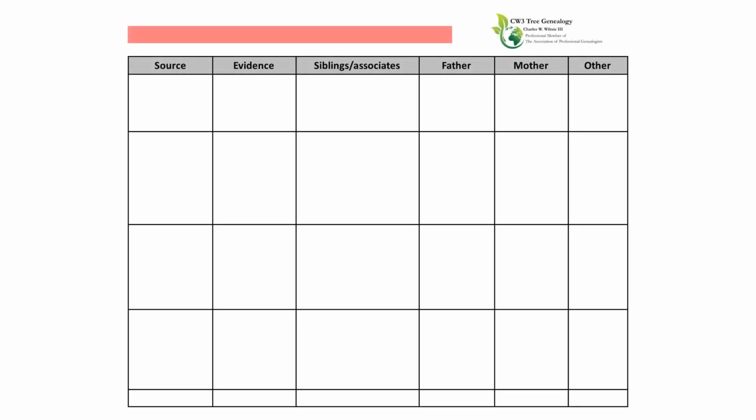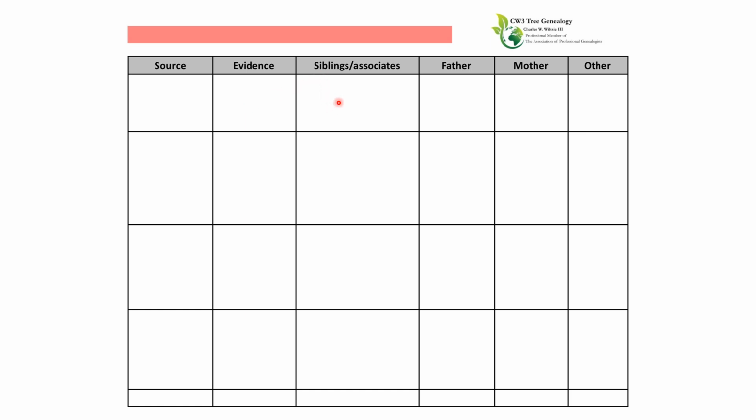This is an example of the downloadable form. On the top of the form, you'll see that there is this little pink area. Sometimes it's blue if it's a male, sometimes it's pink if it's a female. In this case, the person's name would be typed in here, the person that you're investigating. Down here is the source. So that would be, where did it come from? The National Archives? Where did it come from? What is the evidence?